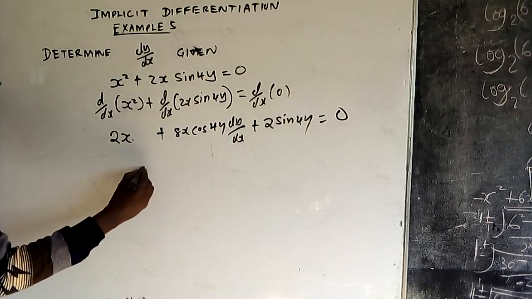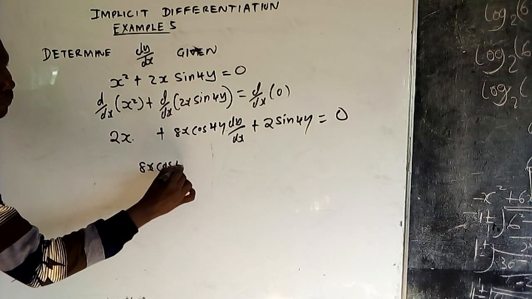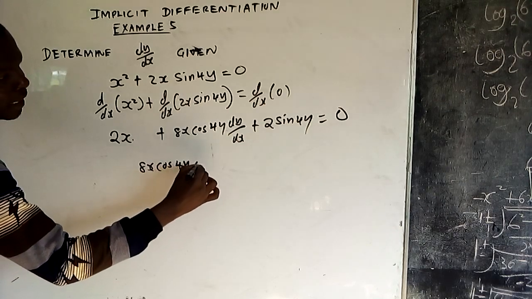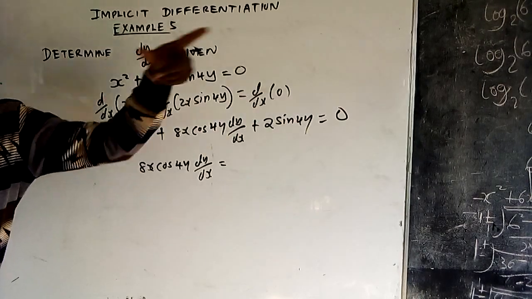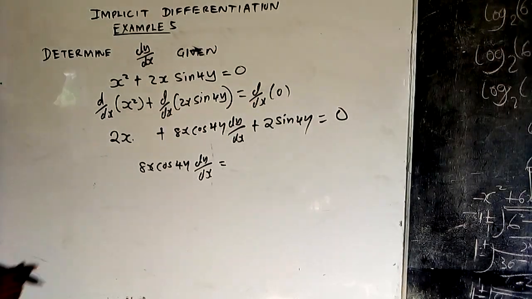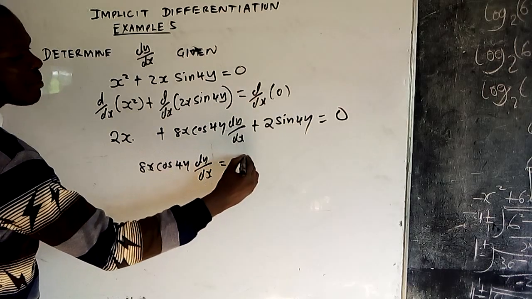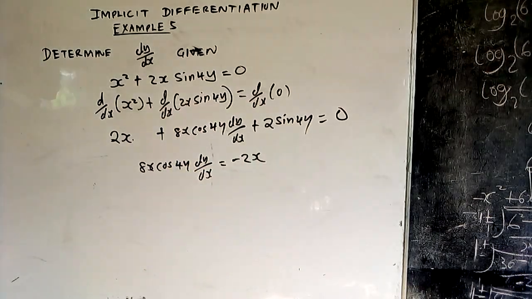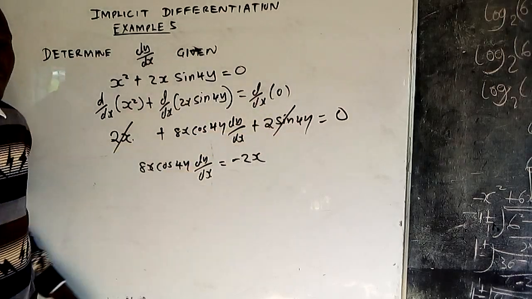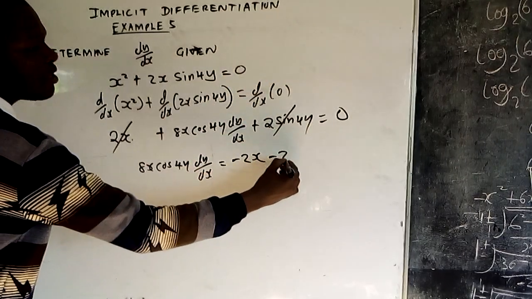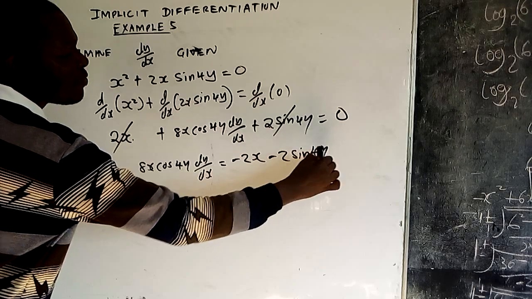Which is plus 8x cos 4y dy over dx. These are the terms without dy over dx, they go to the other side of the equation. This 2x going to the other side becomes negative 2x. This plus 2 sin 4y going to the other side becomes negative 2 sin 4y.